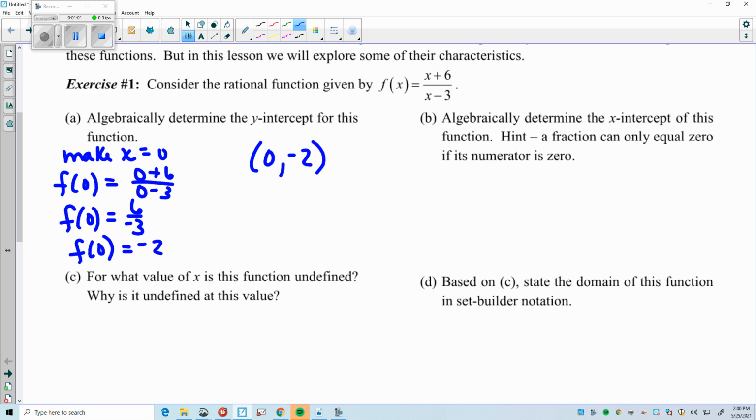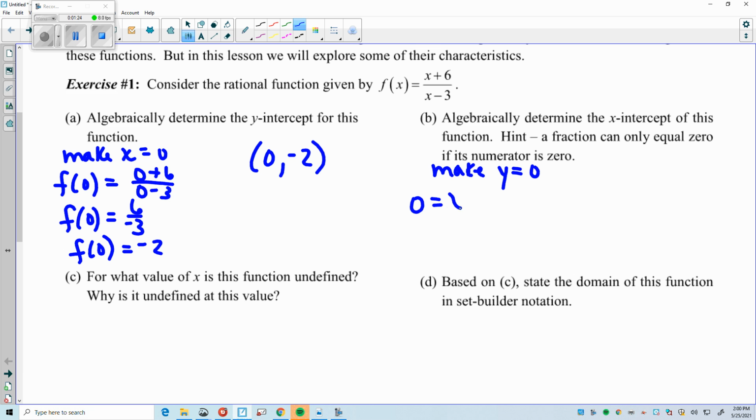Okay. To determine the x-intercept of the function, it says think fraction can only equal 0 if its numerator is a 0. So an x-intercept, we would always say make y 0. Well, in this case, y being your fraction, in order to make a fraction 0, I need to make my numerator 0. So I'm only really worried about my numerator.